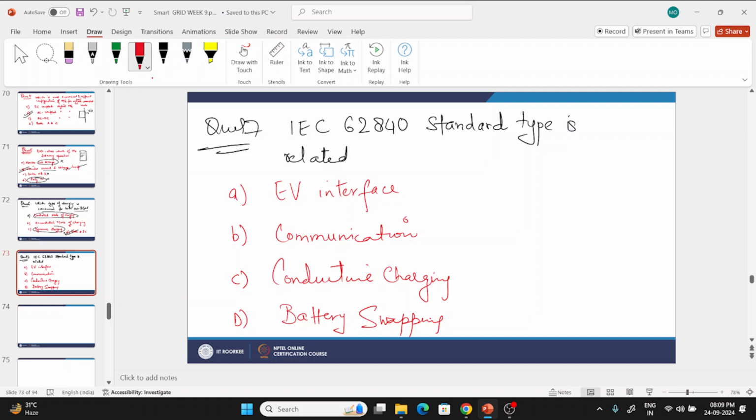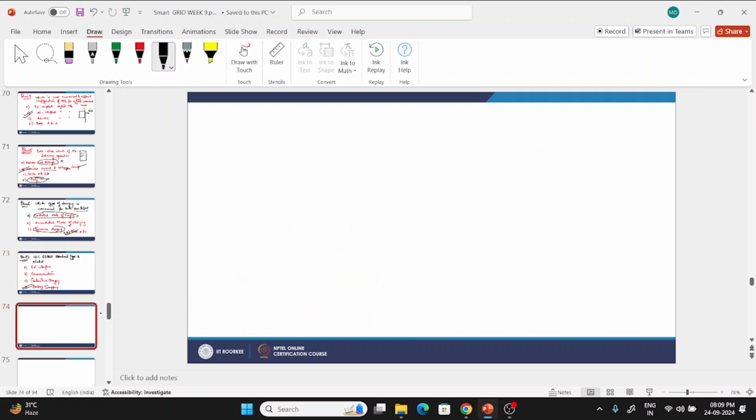Okay. D. Yes, it is a correct. For battery swapping, IEC 62840 is a standard which is related to.